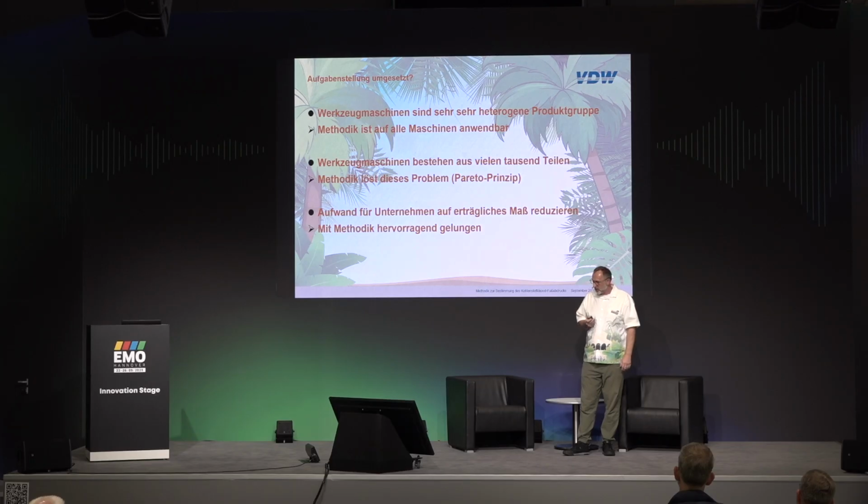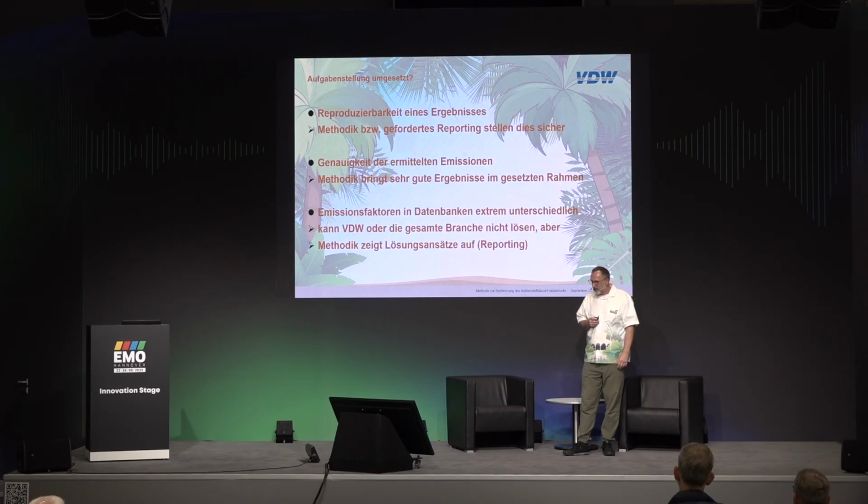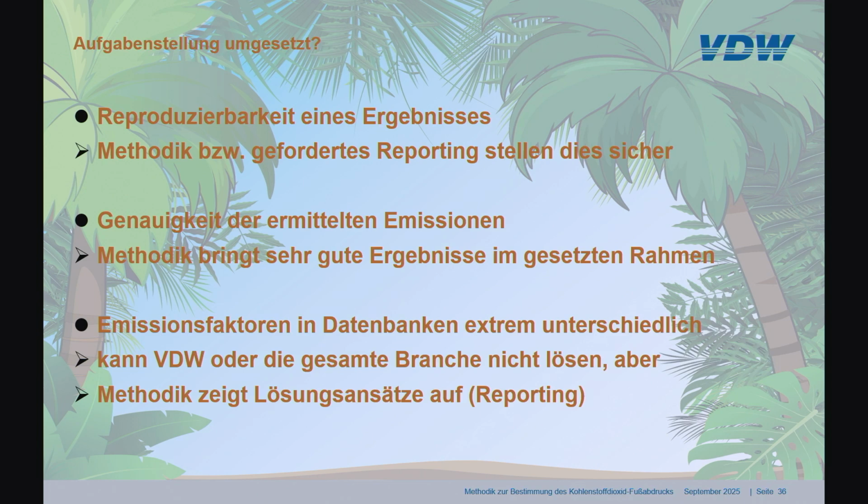And we've reduced the effort and expense to an acceptable level with good data quality, even though a machine consists of thousands of individual parts, which means the effort and expense for companies has been substantially reduced. The results are reproducible because you have to do public reporting, and there you have to describe exactly how you did it and what data sources you used. And we have achieved very good data quality results.